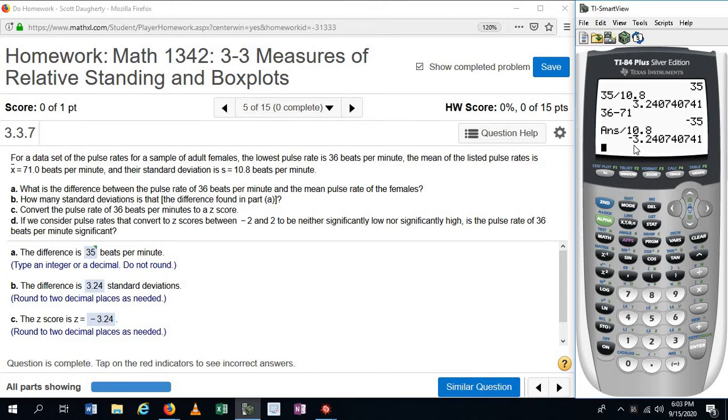Now, it should be no surprise that it is a negative value. When you get a negative z-score, it indicates that the x value is below the mean value, the sample mean. So in this case, the sample mean is 71, and 36 is certainly below 71, and that's why this is a negative z-score.